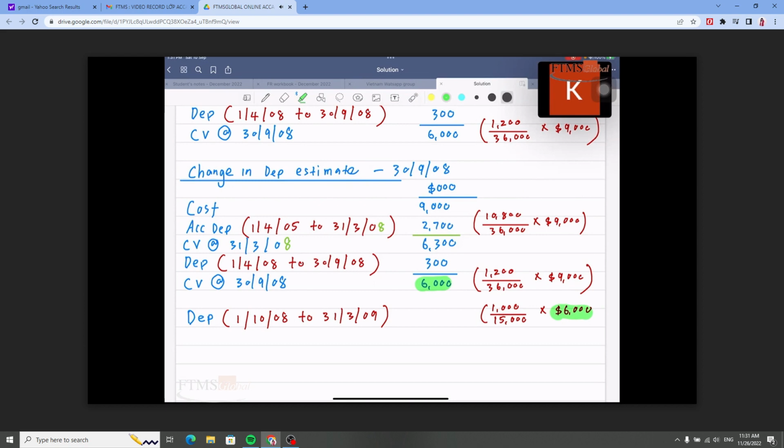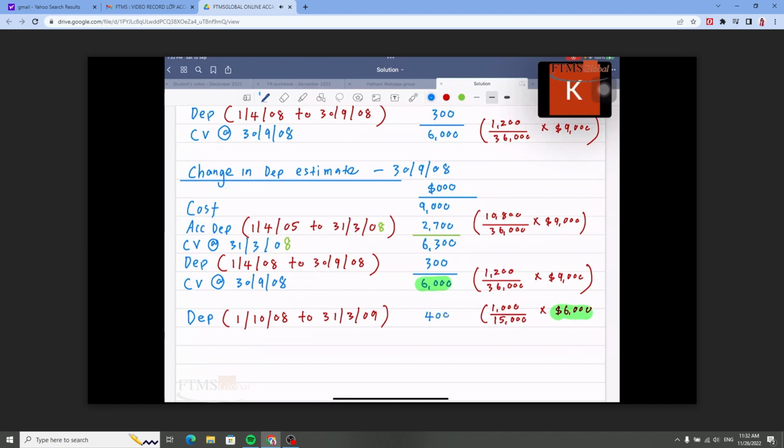Then I do a calculation. 1,000 divided by 15,000 times 6,000, I will get something called 400. Okay, 400 here, and then that's it.